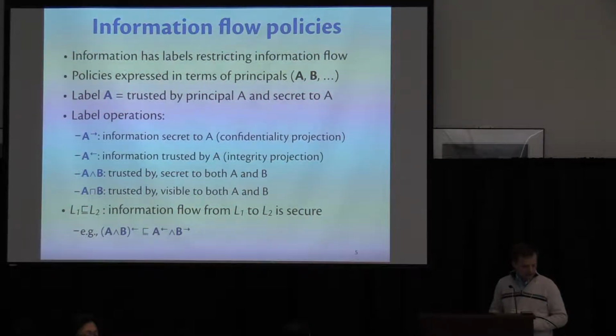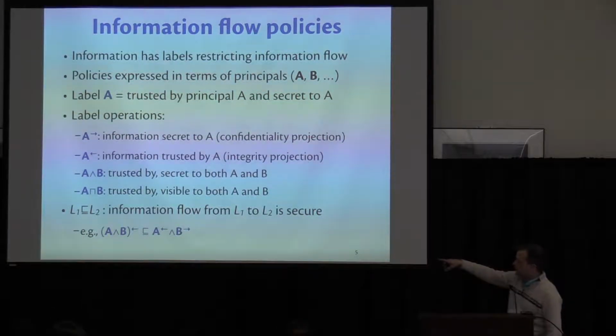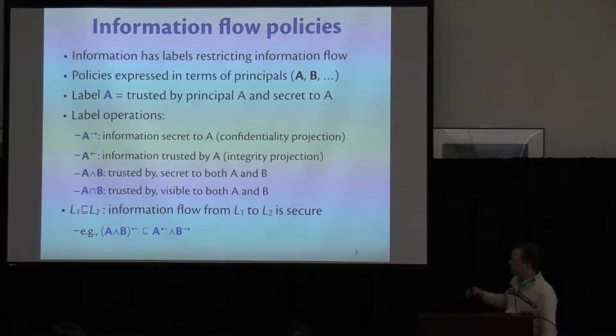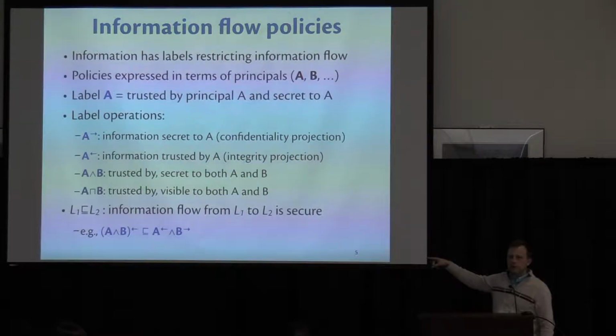Okay. Yeah. So I agree with everything Elaine said. The key thing here is that the information flow between different labels then has to be secure, and there's a square less than or equal operator that captures when that is true. And I won't get into the details of it.